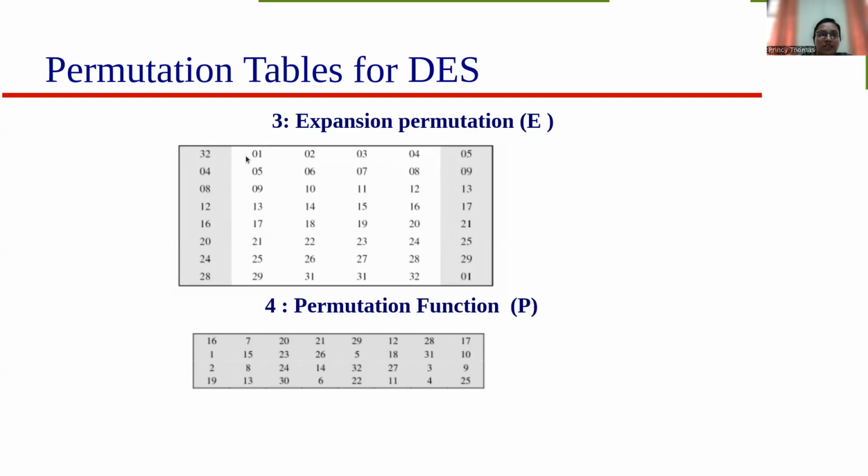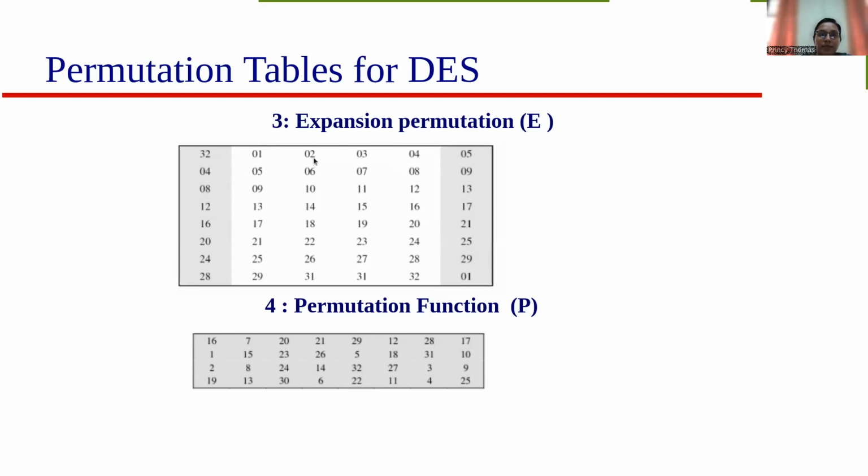So of the 32 bits of the R side, the first bit is there in the normal as well as in the expansion. Then 2 and 3 are not there twice. 4 you can see is there in the normal as well as on this side.